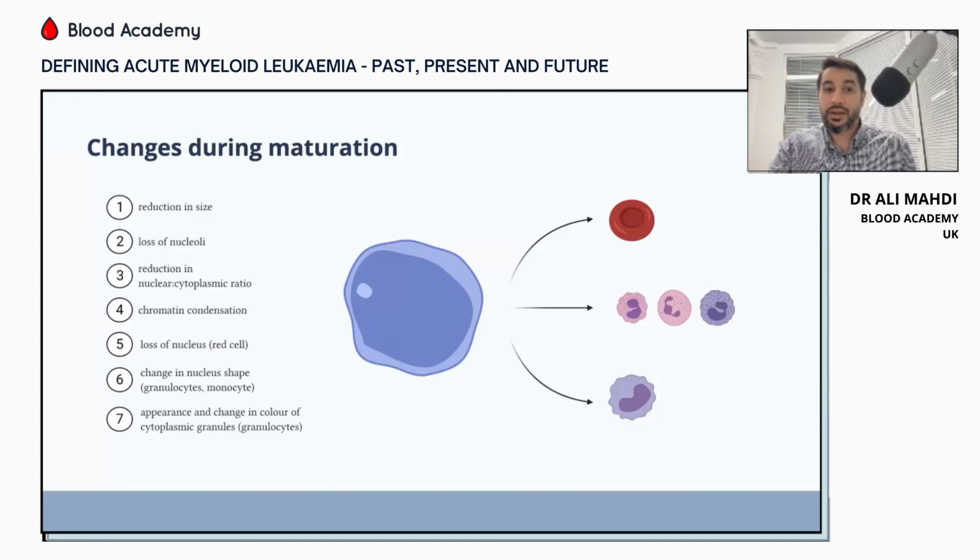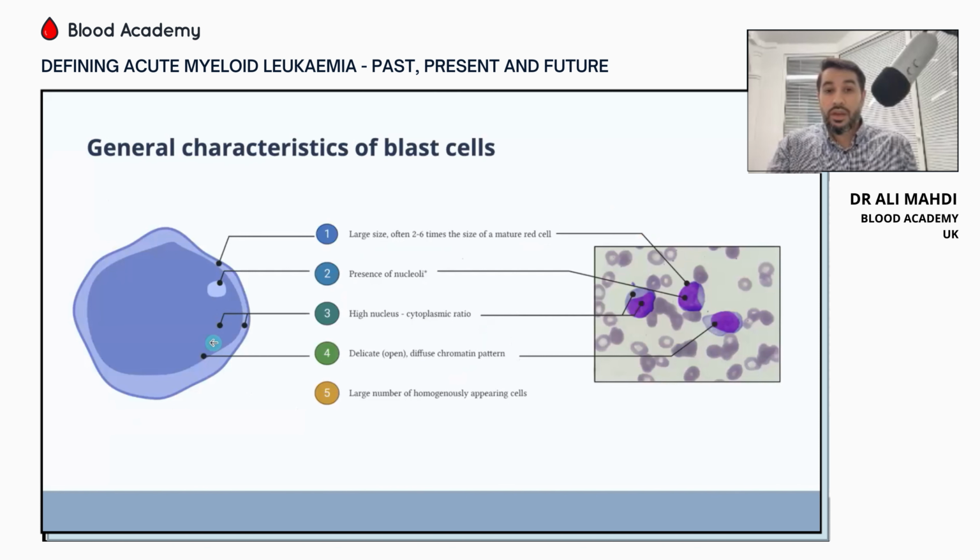It becomes darker. And in some cells, such as the red cell, the nucleus is actually lost. In some other cells, particularly the monocytes and the granulocytes, there's a change in the nuclear shape. So the polymorphonuclear cells will develop multiple lobes to their nuclei. And in some cells, there may be a change with the maturation process in the color, and the appearance of various different cytoplasmic granules.